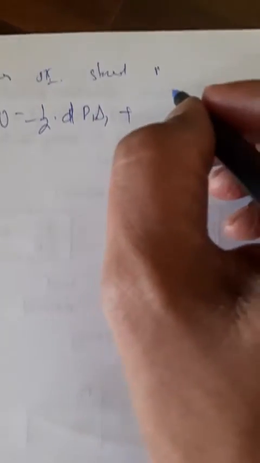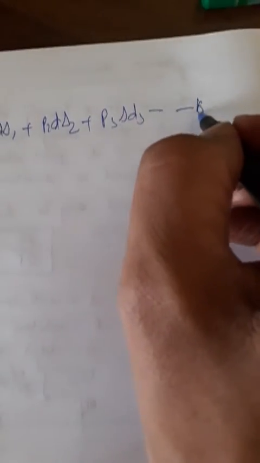Therefore, the additional strain energy stored is given by dU is half d of P1 delta 1, additional load, plus original loads P1 d of delta 1 plus P2 d of delta 2 plus P3 d of delta 3. Let this be equation B.